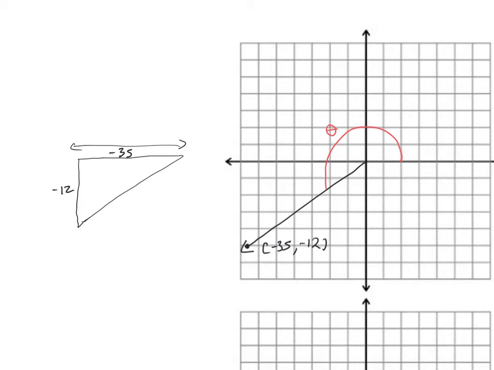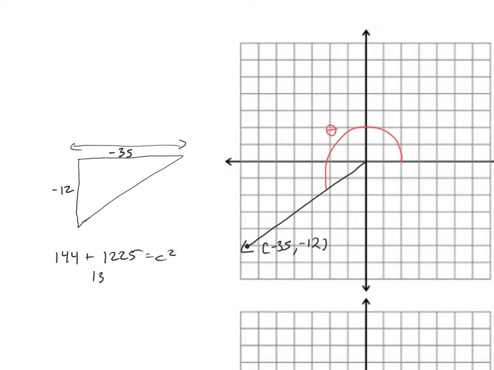So I can use my Pythagorean theorem to find my hypotenuse, unless this is a special triangle. Oh, I don't know. So Pythagorean theorem: 12 squared is 144, 35 squared is 1,225, equals c squared plus 144.